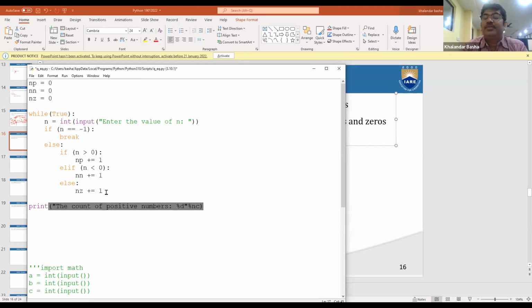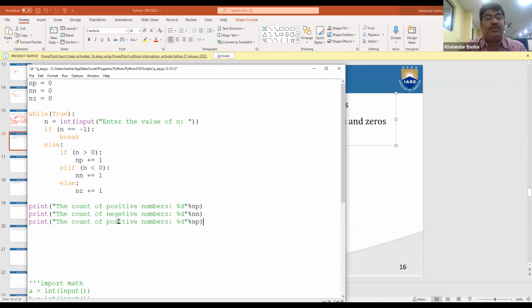We have placed it in np, positive numbers, np, right? Next, I'll print the number of negative numbers, that is nn. Next, the number of zeros, that is nz.